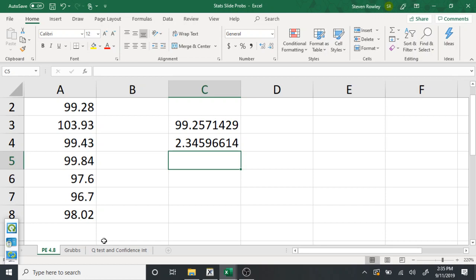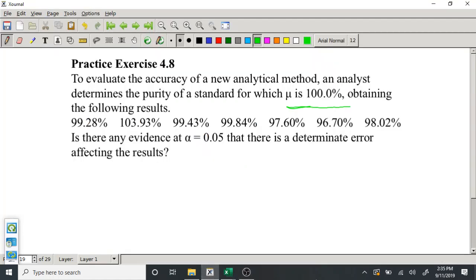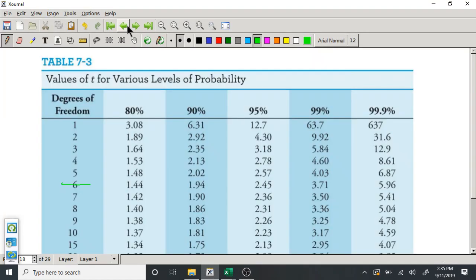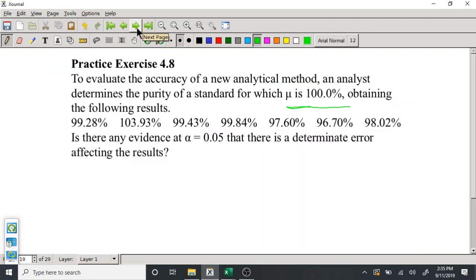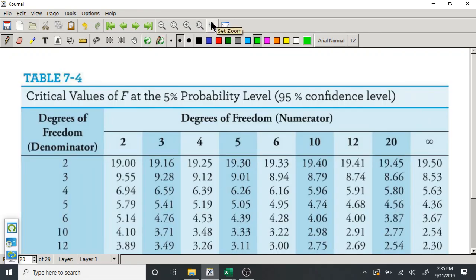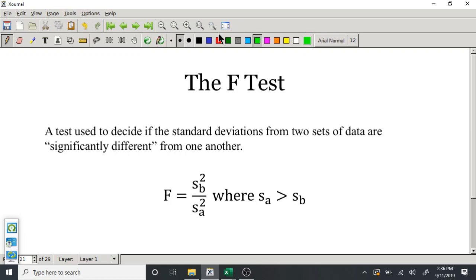All right, so let's go back and see what else we need to do this. I've got my mu value, I've got my n value, and I've got my s value. I know my mu value in this problem is 100% even. It should be exactly 100%. I'm a little ways off from that.